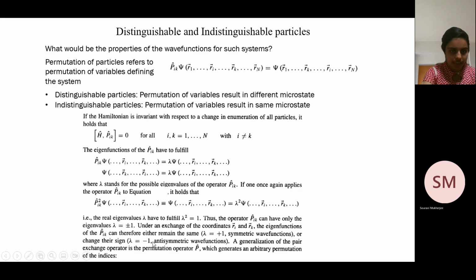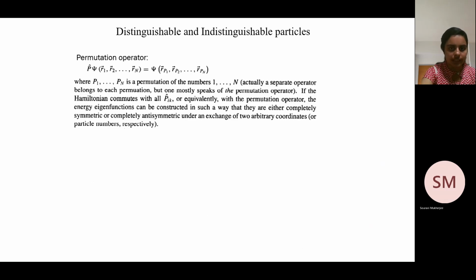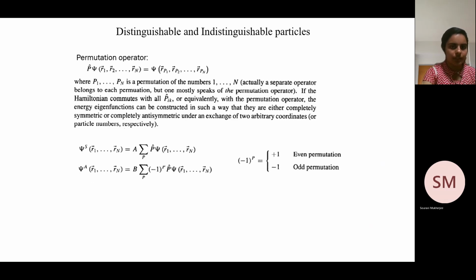That means your eigenvalue was minus 1. Now if you do an even number of permutations, you get the same wave function back, but if you do an odd number of permutations, you get a minus 1. So depending on whether you have an even or an odd permutation, you can get symmetric or antisymmetric wave functions.